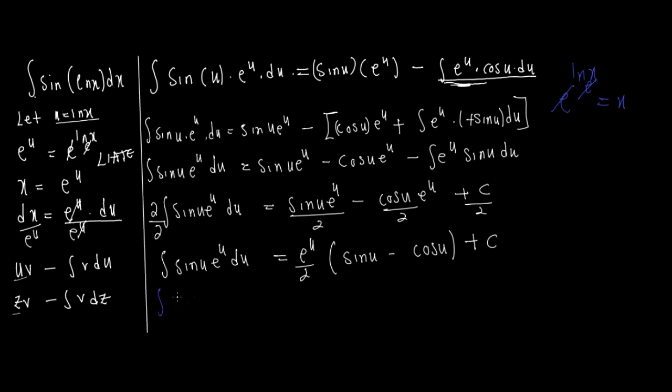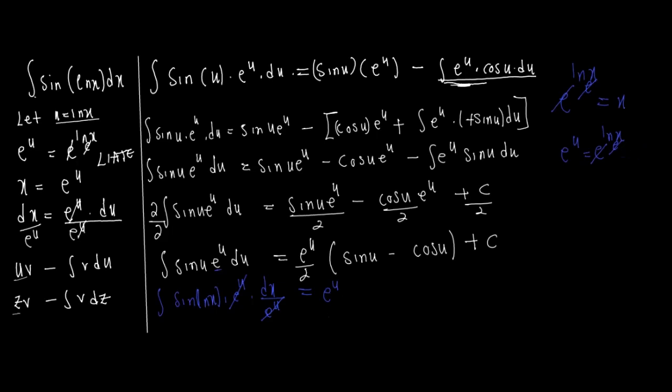So we're going to have the integral of sine, and u is equal to the ln of x, times e to the u, and du is equal to dx over e to the u. So this one and this one will cancel each other, and e to the u, as I said from here, e to the u is equal to e to the ln x, and the base is e here. So this one will cancel this one, so we'll be left with x.